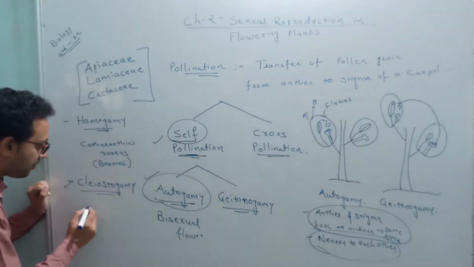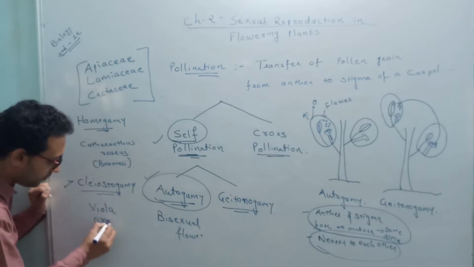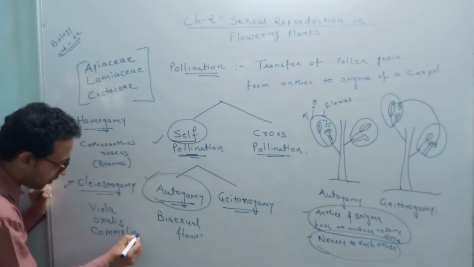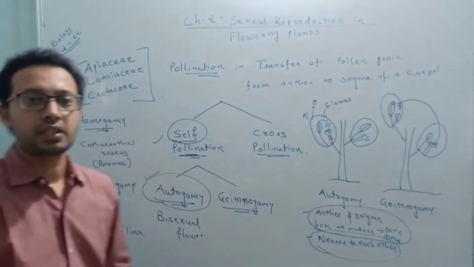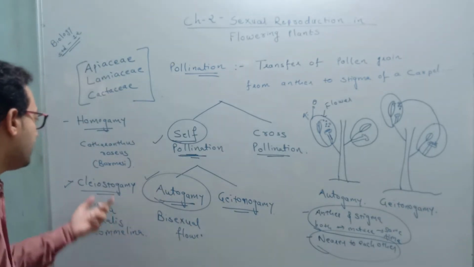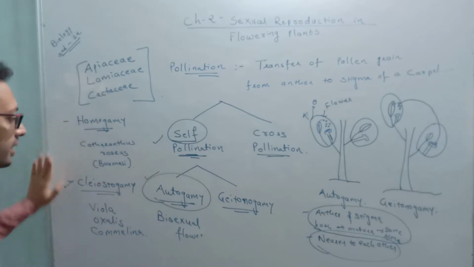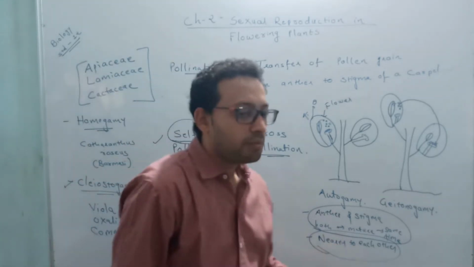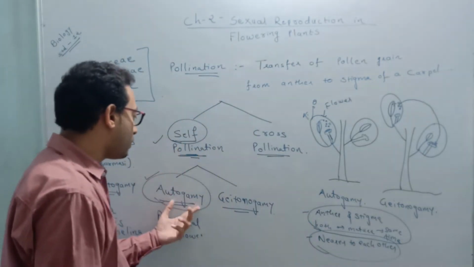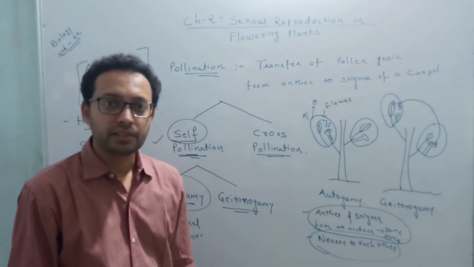The cleistogamous flower is reportedly found in Viola, Oxalis, and Commelina. So these conditions, homogamy and cleistogamy, or having both organs nearer to each other, promote the self-pollination process, what we call autogamy. Clear?